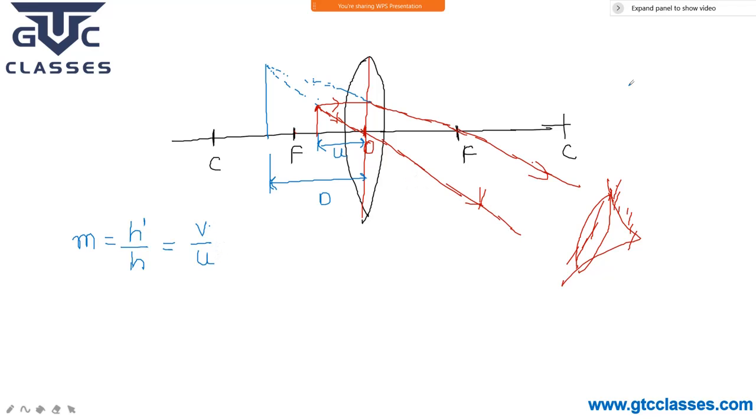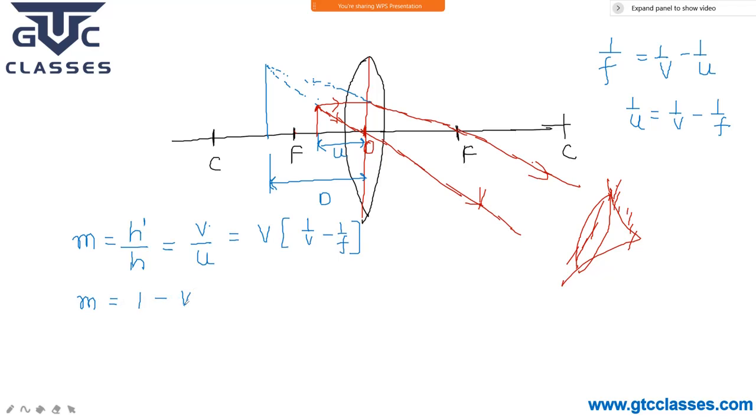In the lens we already know that 1 upon f is equal to 1 upon v minus 1 upon u. So 1 upon u will be 1 upon v minus 1 upon f. Just plug it in. So we get v into 1 upon v minus 1 upon f. Multiply inside, and we get 1 minus v divided by f.